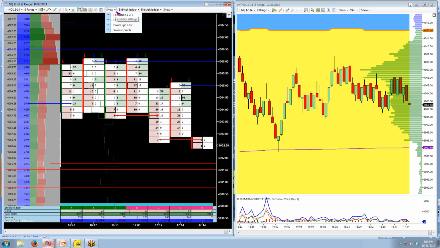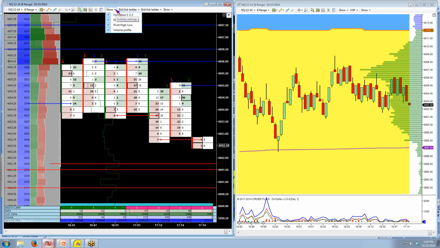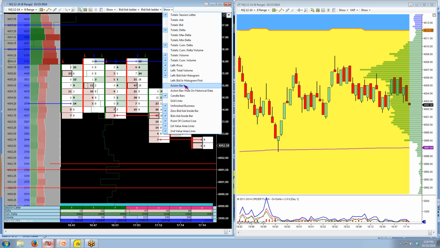The other option is you can have that formation 1, 2, 3 show up if you like. Like I said, that's not a setup or a pattern that I trade, but if you wanted to, it's there. I can change these columns down here, and it's all pretty easy. All you have to do is click on the show here, and you can add or take away whatever you want.